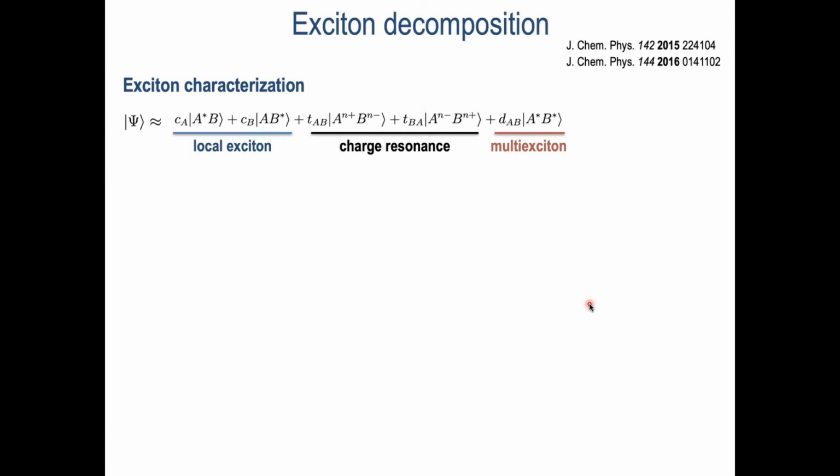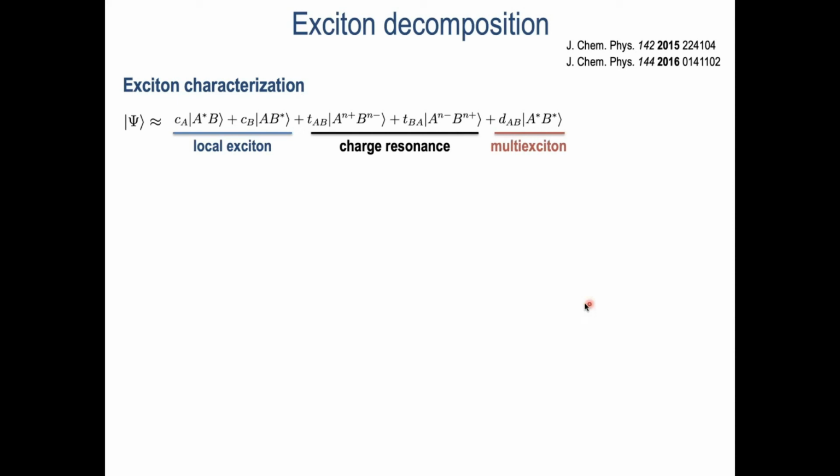So this would be related with the number of unpaired electrons, but we have also been doing a lot of work trying to characterize electronic transitions in the presence of more than one chromophore or chromophore fragment.